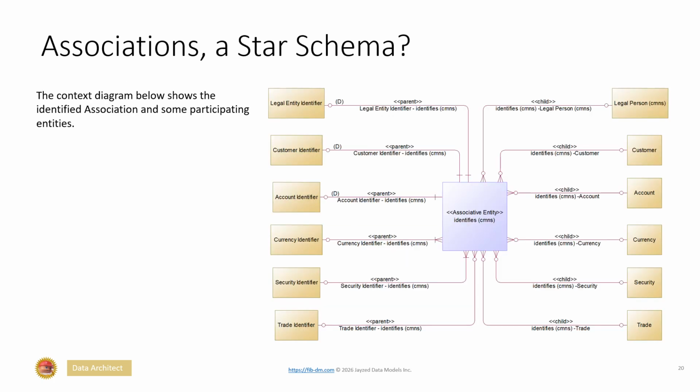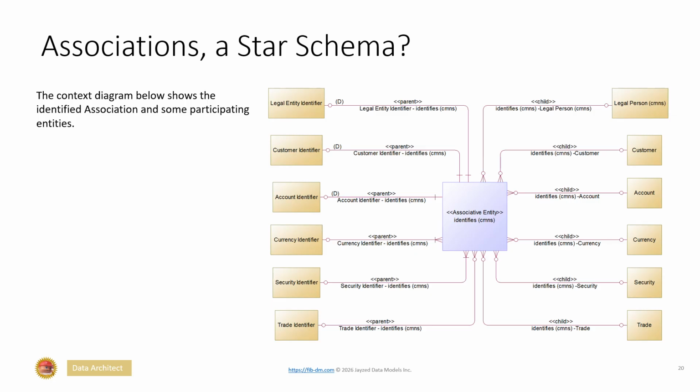Yeah, and then some may look like a star schema, no? So here the context diagram shows the identified association and some of its participating entities. Now on the left-hand side we have the parents.